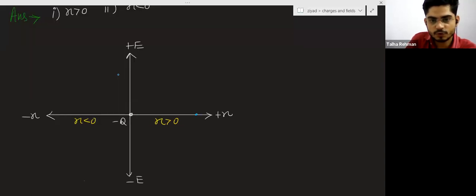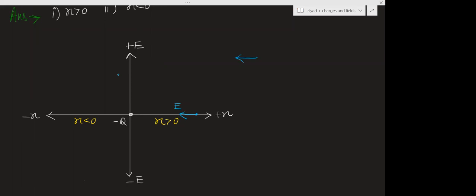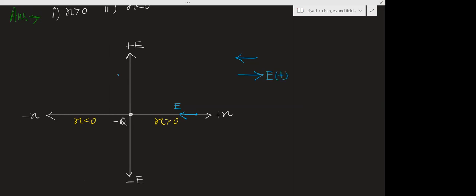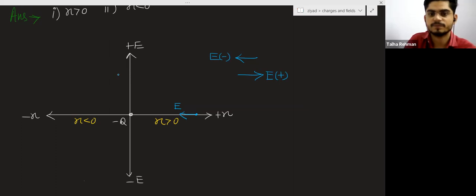So will this electric field be negative or positive? We have considered in this direction, in this direction, the electric field positive. In this direction, we have considered electric field negative.